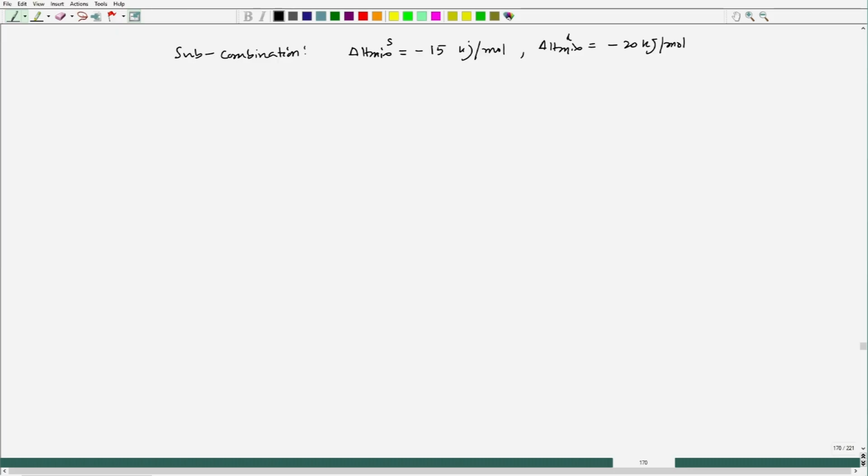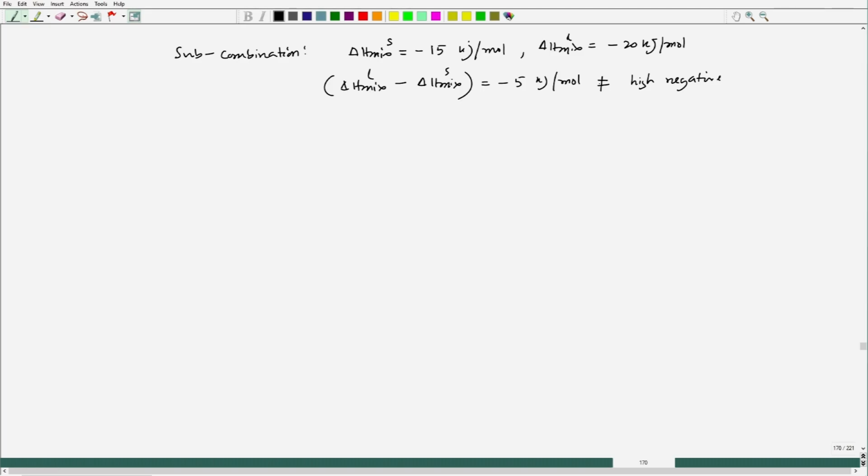Now, you see the difference: del H mix liquid minus del H mix solid is coming out to be minus 5 kilojoule per mole. So, it is not a very high negative.